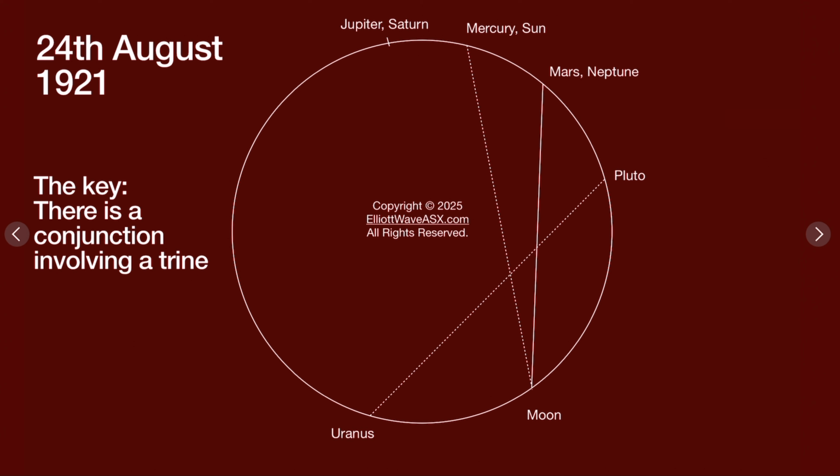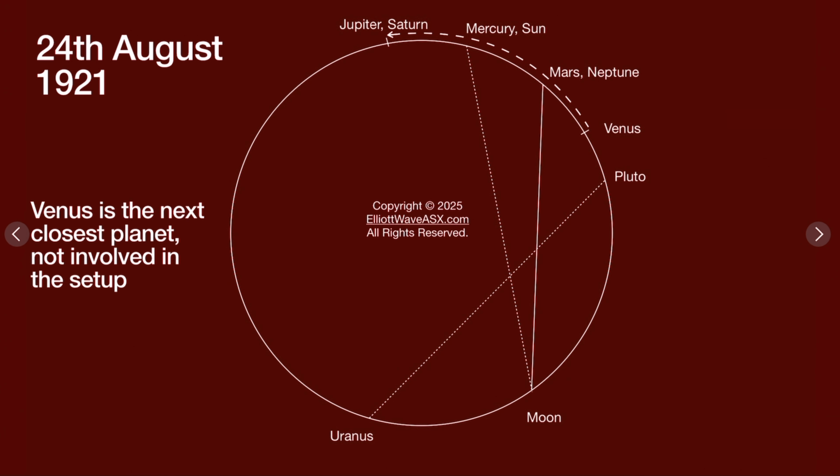Now, this is the setup. Another thing to look for is the planet that's closest to the setup but not involved. And in this case, Venus is the next closest planet not involved in the setup. Now, as time moves on, all the planets, of course, will move, but Venus, being a faster moving planet, will start working its way this way, and all these other planets will move, but Venus will catch up to them.